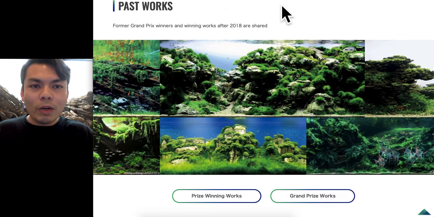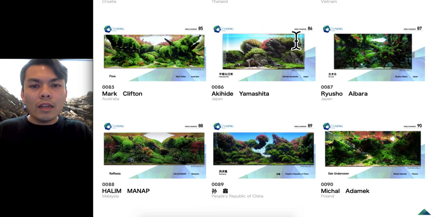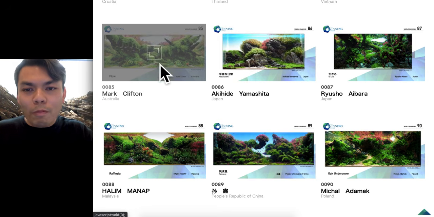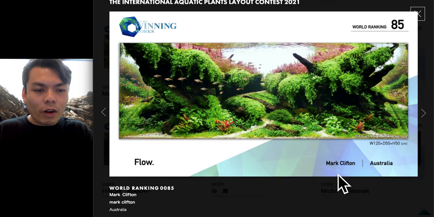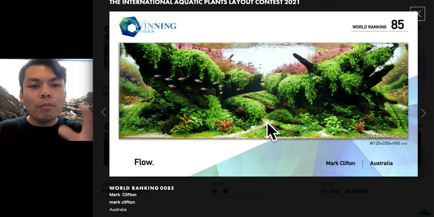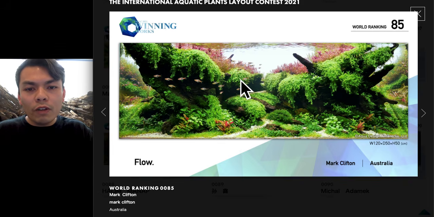All right, everyone. So what I'm going to do is I'm going to be looking at this screen here, and I want to start off with a notable mention to my friend Mark Clifton in Australia, of course, and my goodness, Flow, a beautiful aquascape that demonstrates the movement of water and plants and the movement of fish here.